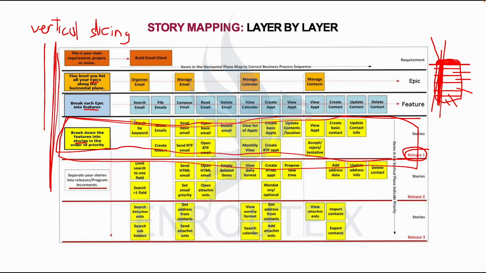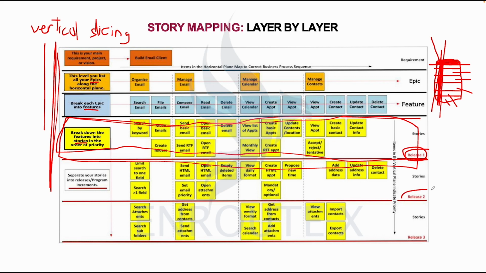So we are not developing the features one after the other, but we are developing them in layers. So the users would be able to use all of them in small bits per time. So that's why we have release 1 here. In release 1, we are releasing a bit of organized email, a bit of managed email, a bit of managed calendar, and a bit of managed contacts.